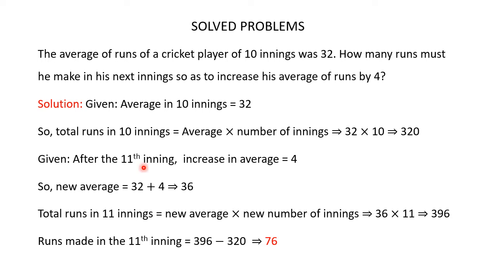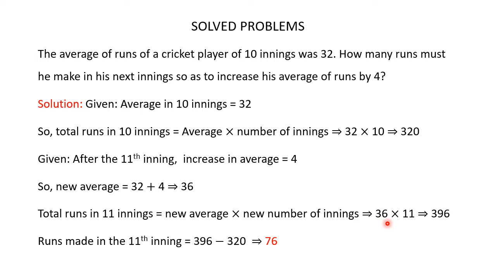Now it's given that after the 11th innings, there's an increase in average by 4. We know that the average after 10 innings was 32. So the new average after the 11th innings is 32 plus 4, which is 36. So total runs in 11 innings is new average multiplied by new number of innings.